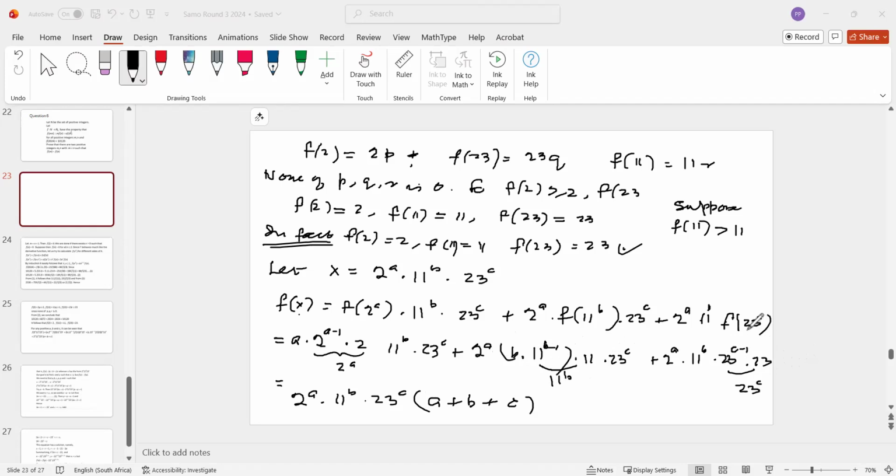Well, I had a c here: f of 23 to the power of c is c times 23 to the c minus 1. So now remember, this is your x. There it is. So this is actually equal to a plus b plus c times x. And I've got f of x on this side.